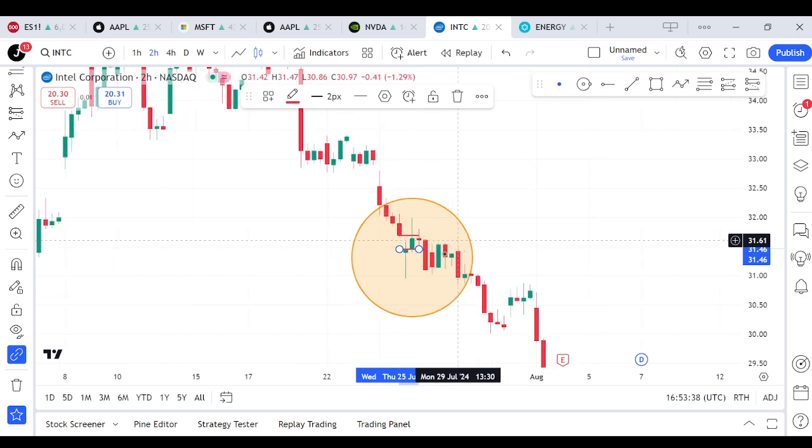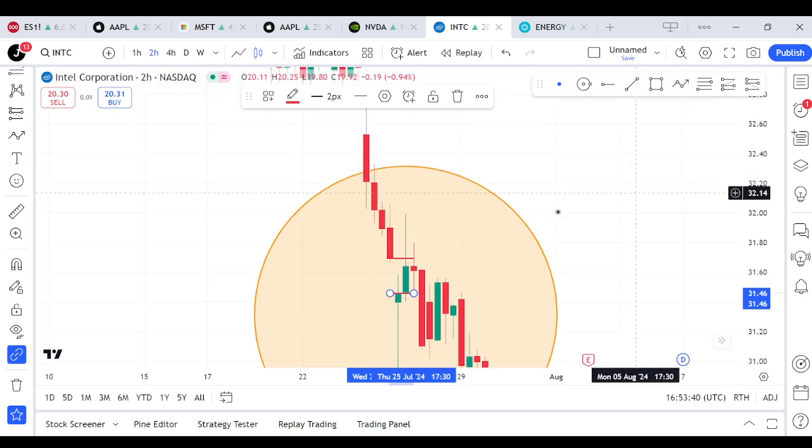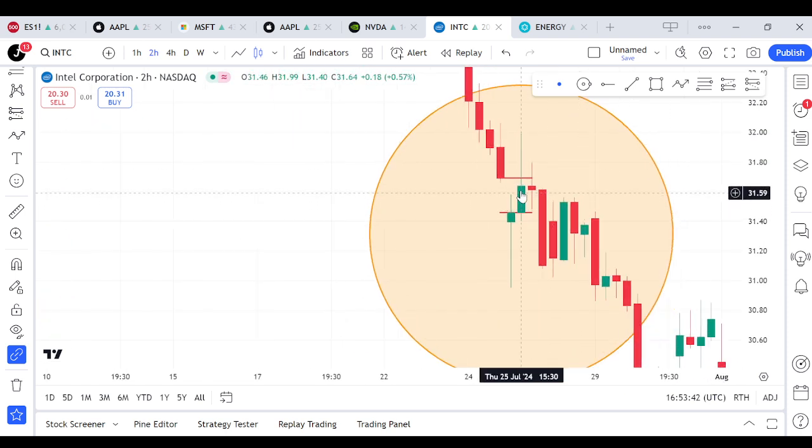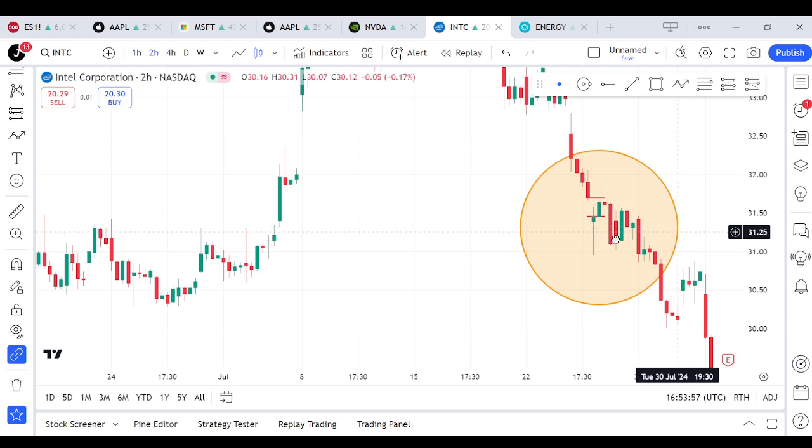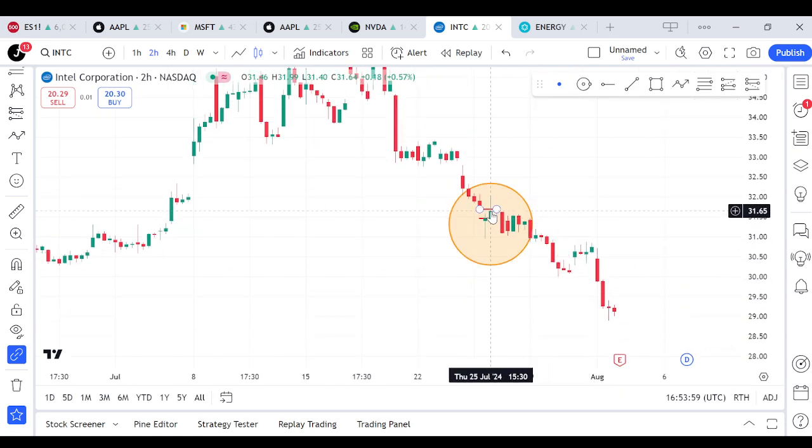You can see price closed very close to the first candle's close. If it had closed above it, it would have completely filled the gap, but it didn't close above it. So this means that the bearish trend is expected to continue.